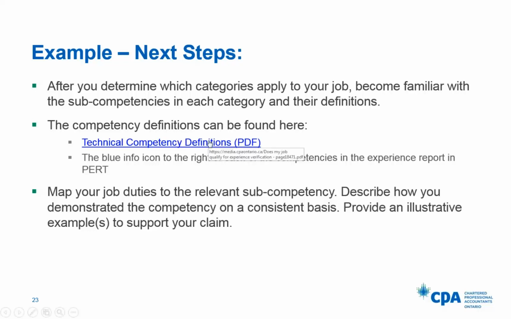If the link doesn't work, you can copy and paste it into your browser. The other place to look is in PERT, where you'll see a little blue circle with a white question mark in it. You can click on that and it'll open these definitions, which will help you map your key job functions to where you should be reporting them on your experience report.